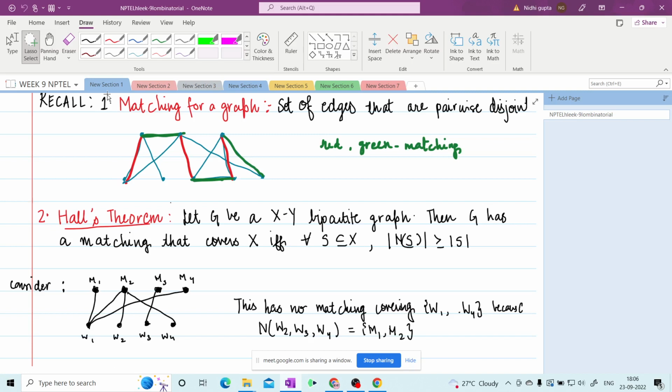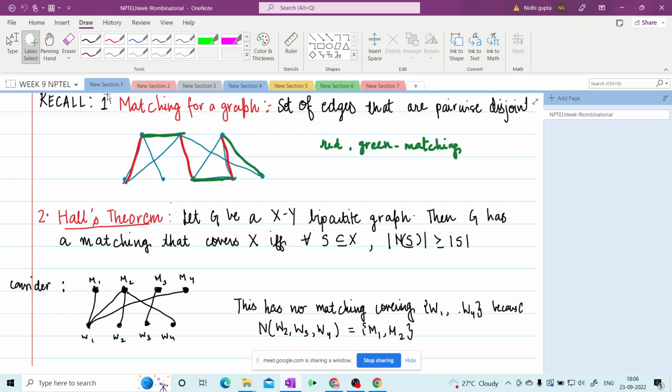Hall's theorem says that we start with G, which is a bipartite graph. Say the first set we call X, and the second set we call Y. Then G has a matching that covers X. That means we are able to find a set of edges such that any vertex of X is present in one of the edges that we have selected.